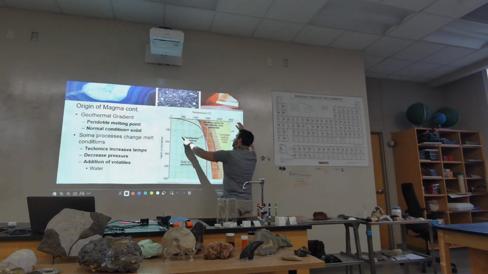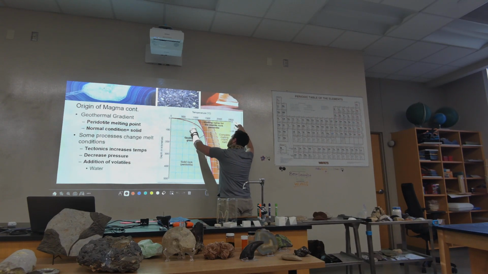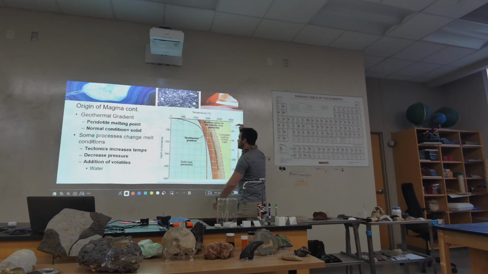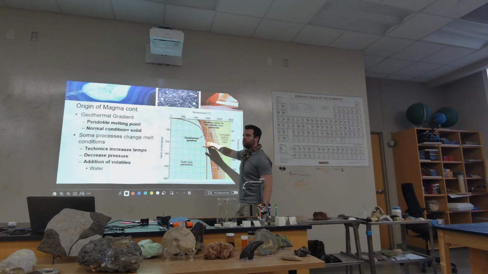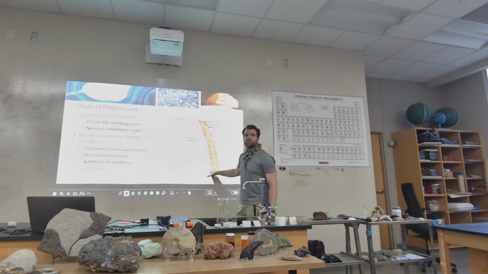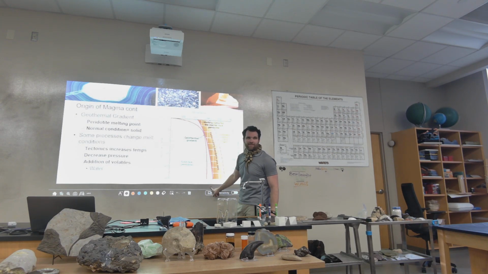What does our geothermal gradient do? It increases, but then it reaches a point at which it barely increases at all as my depth and pressure increase. That's just how the science worked out. It's this hockey stick shape.